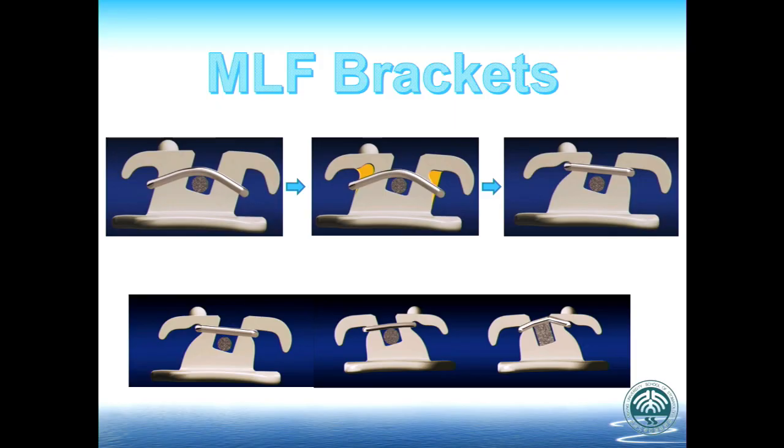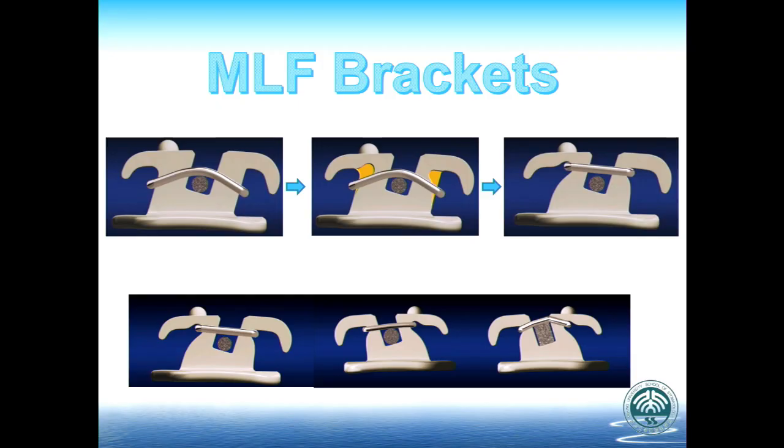Do we have other ways to reduce the friction? Yes, we have another type of low friction brackets, as you all know. That's MLF brackets. It's modified from the conventional twin brackets.